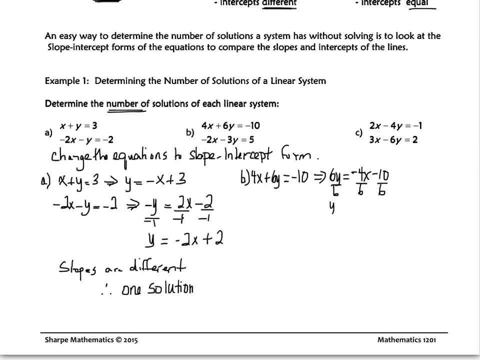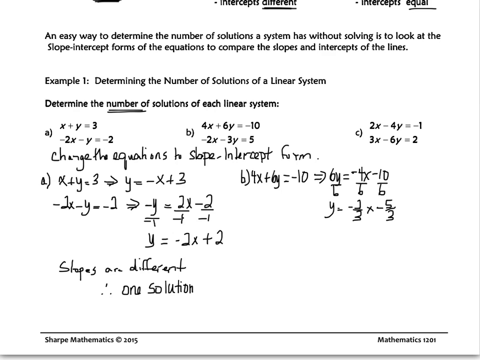You're going to get y equals negative 4 over 6, which reduces to negative 2 over 3 x, and negative 10 over 6, which reduces to negative 5 over 3. So the slope of that one is negative 2/3, and the y-intercept is negative 5 over 3.